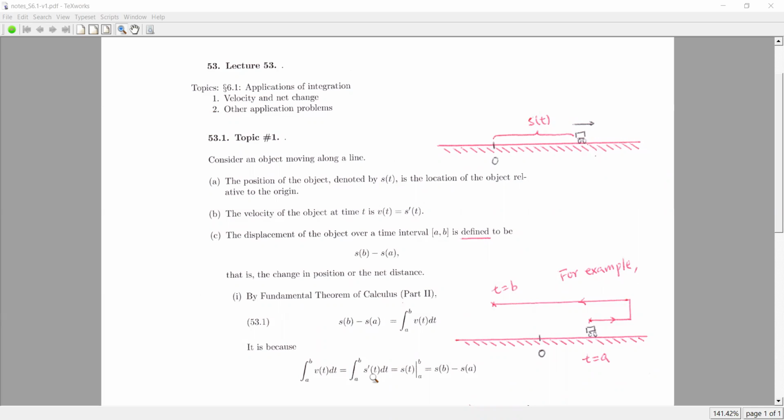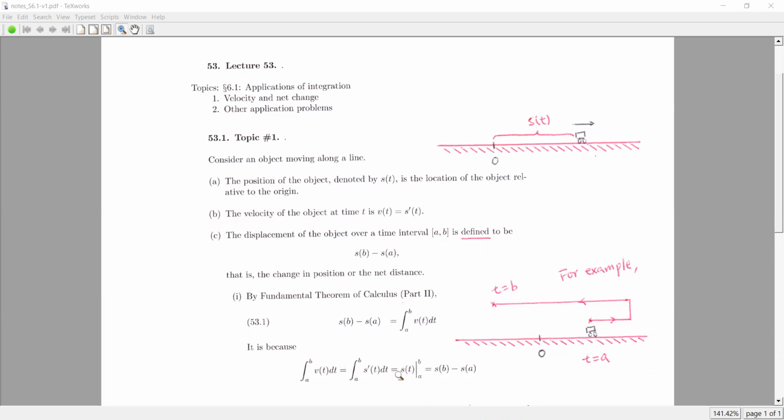By the fundamental theorem of calculus, to compute this integral, we need to find one antiderivative. It is clear that an antiderivative of this function is the position function. Take the derivative of this function, then we get this.